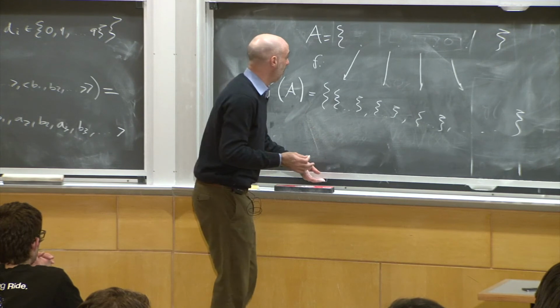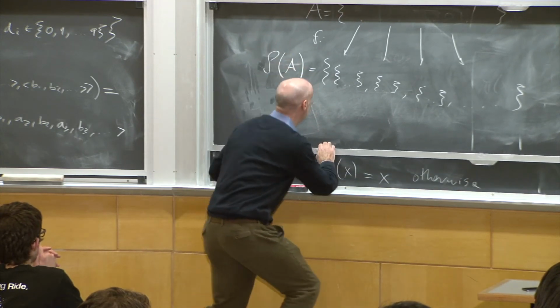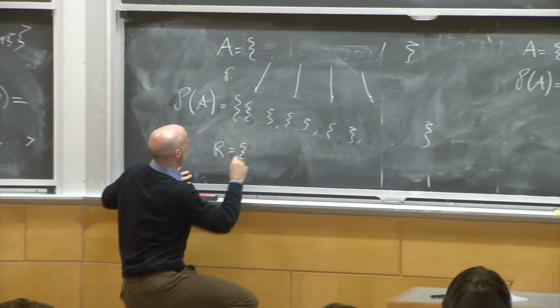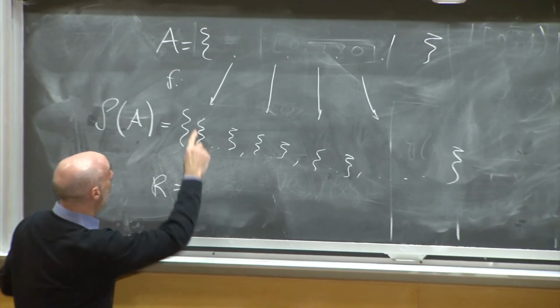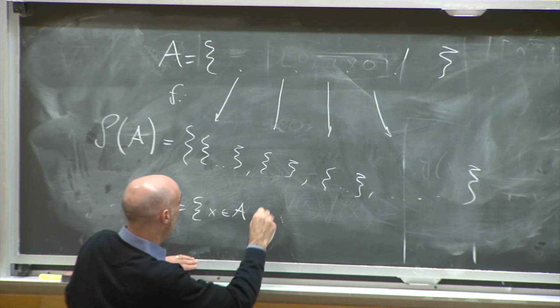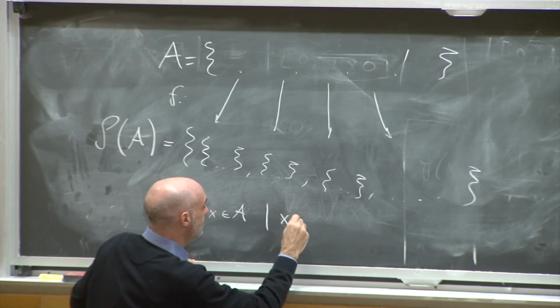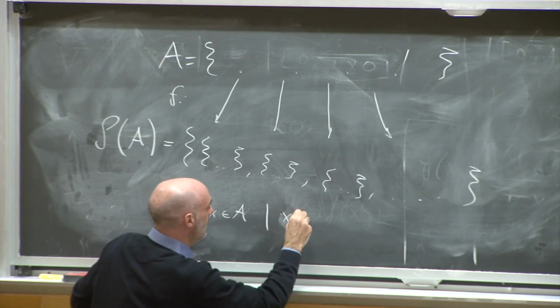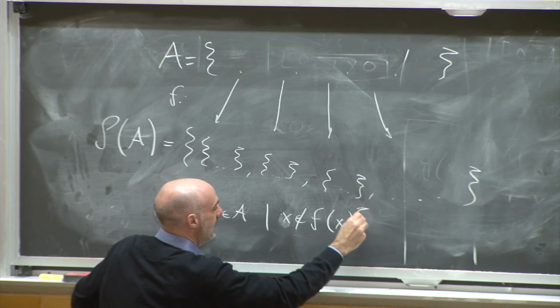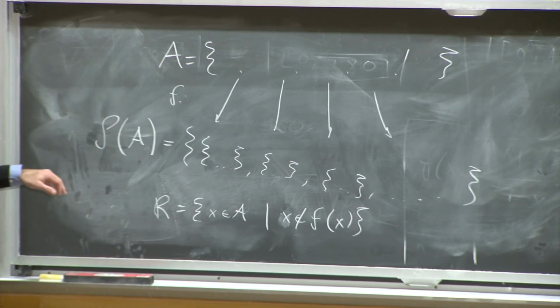Okay. Well, if that's true, then we can define the set R which consists of all things in A with a property that they are not in the set they get mapped onto.